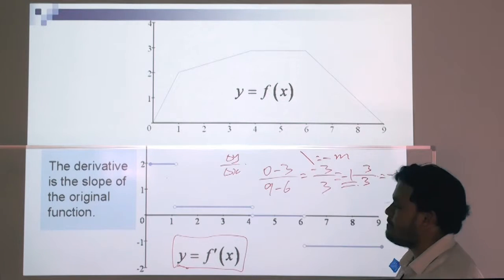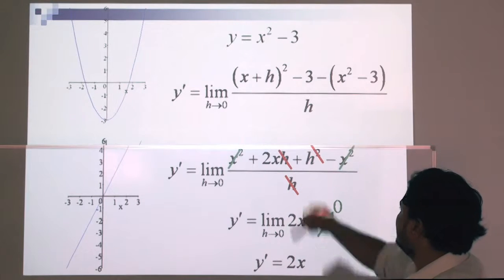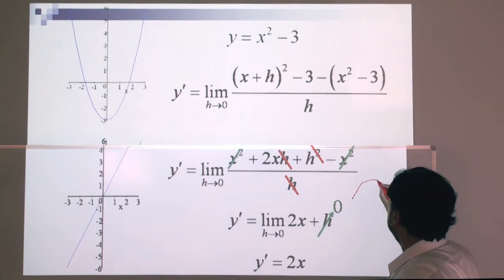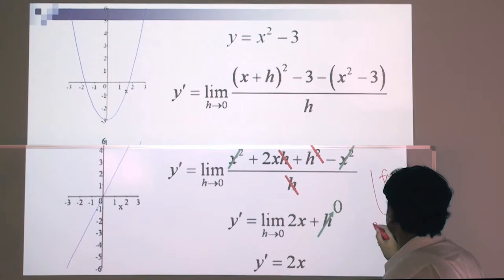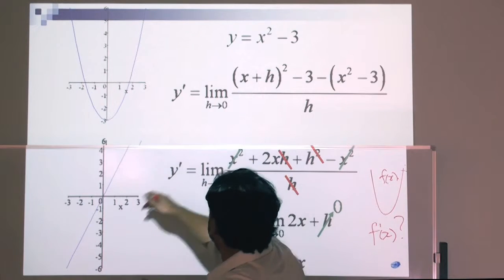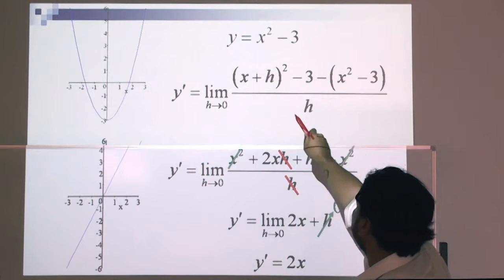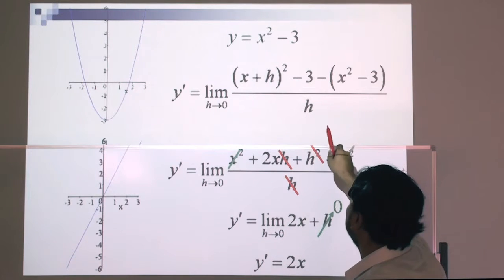Okay, let's move on. Similar to our example that we just did, instead of having straight lines, now we have a curve. So we have a curve going up. So that's f(x), and our job is to find the derivative. So what is f(x)? The equation for that parabola is y equals x squared minus 3.